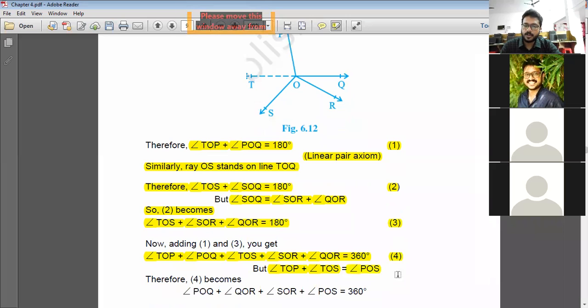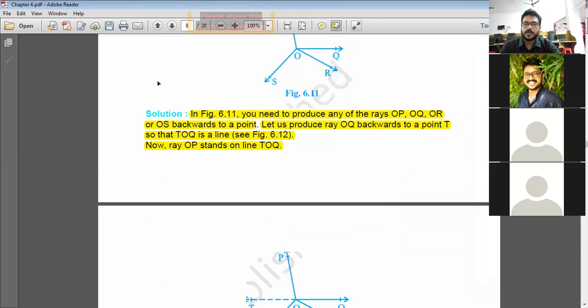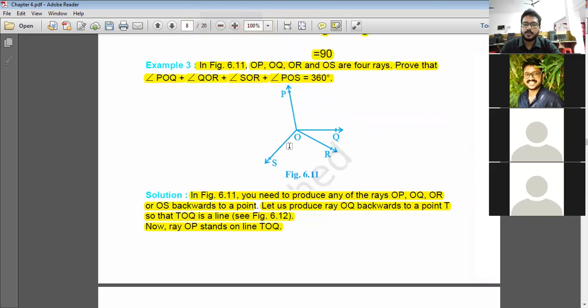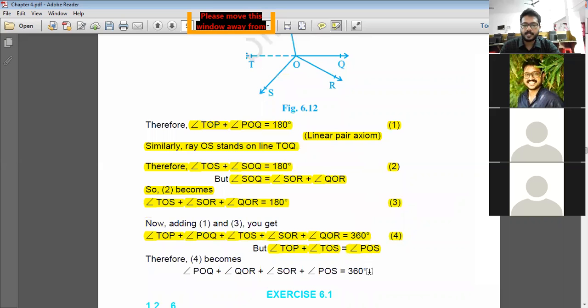And therefore equation 4 reduces to our question, which was angle POQ plus angle QOR plus angle SOR plus angle POS, which is equal to 360 degrees. Clear?